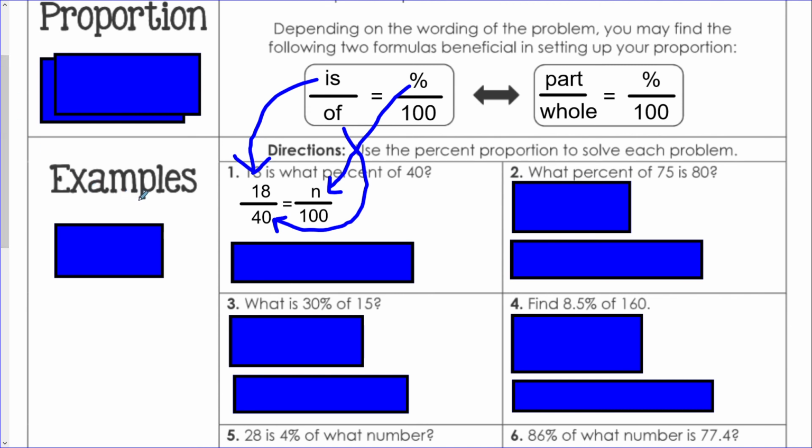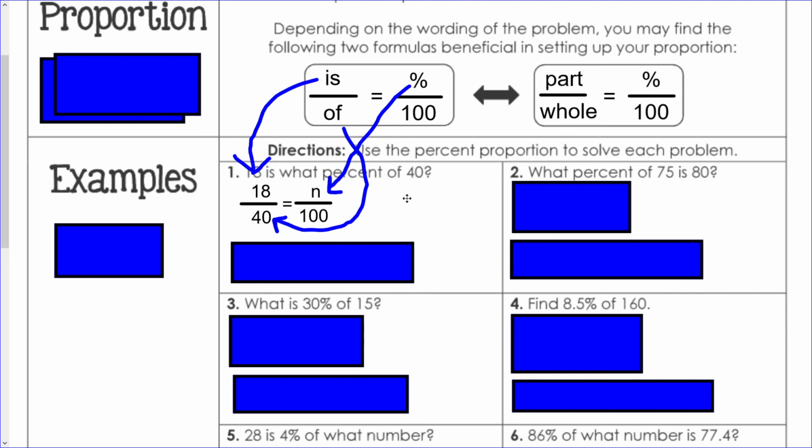Okay, and then once you have a proportion set up, all you're doing is solving it just the same way as we have done before. You can either use cross multiplication, or you can just do some comparison between 40 and 100.